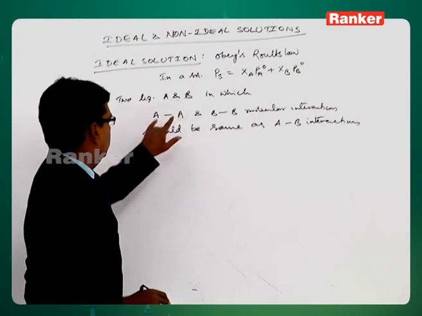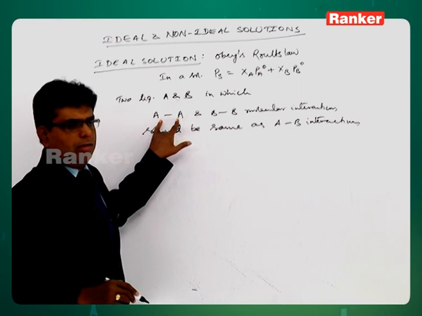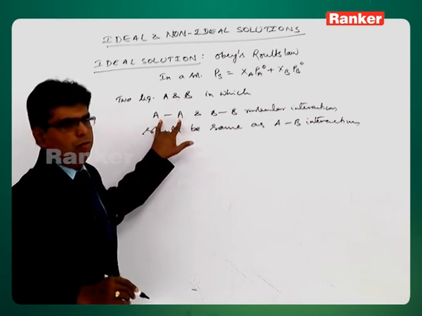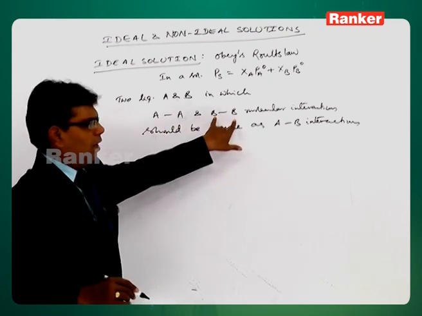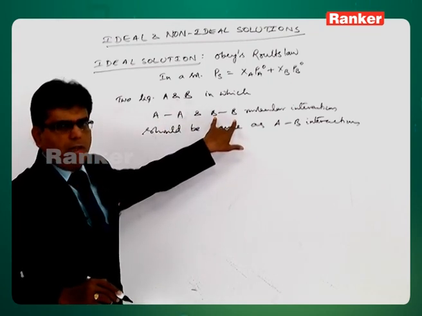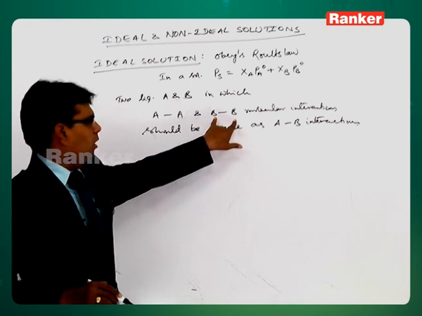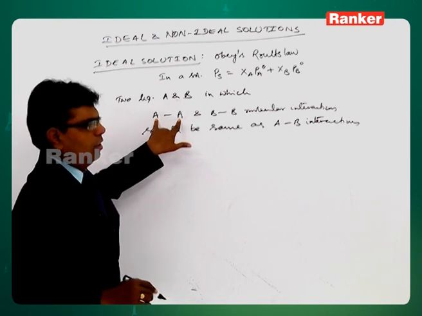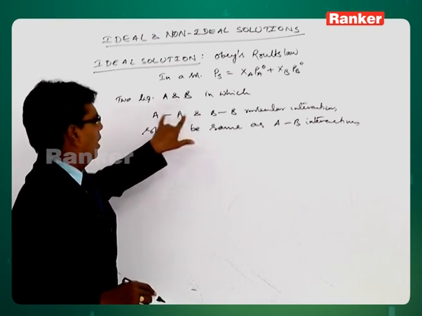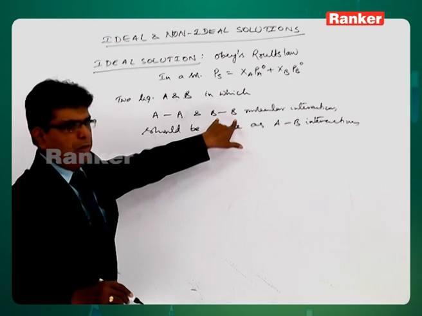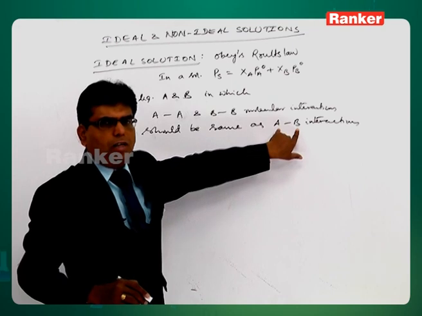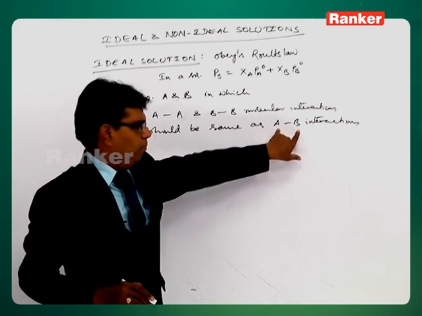Again I repeat, in liquid A there will be some intermolecular force between the two molecules of A. Similarly, in liquid B there will be some intermolecular force between the two molecules of B. The intermolecular force in AA and in BB should be similar to the kind of intermolecular force likely to form between A and B in a solution.